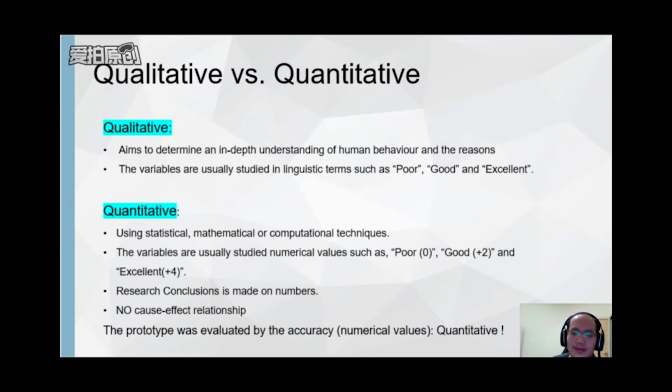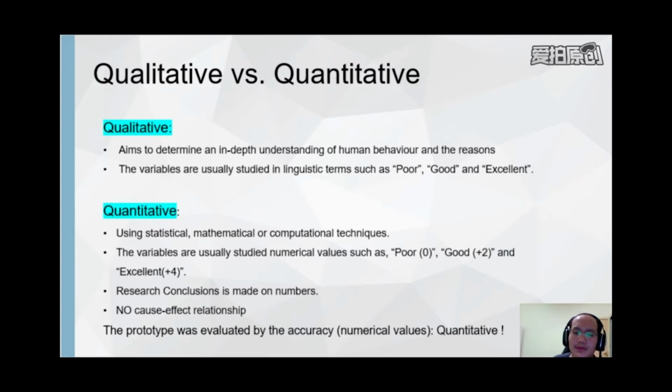I will analyze the methodology we deployed in this project. In the initial step, we need to figure out whether the research will be qualitative or quantitative. Qualitative research aims to understand human behavior and figure out the reasons. The variables in qualitative research are usually in linguistic terms such as poor, good, or excellent.